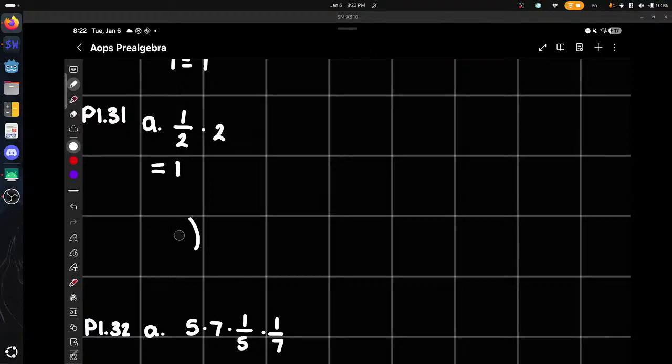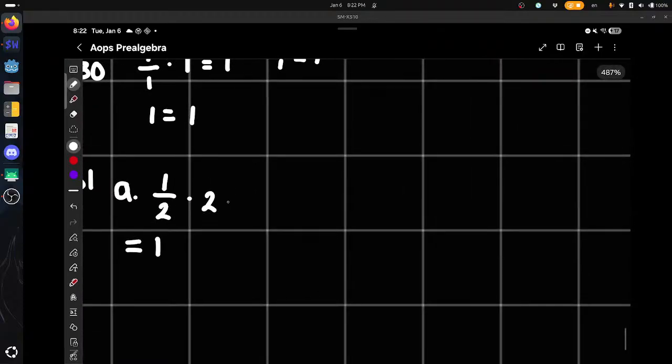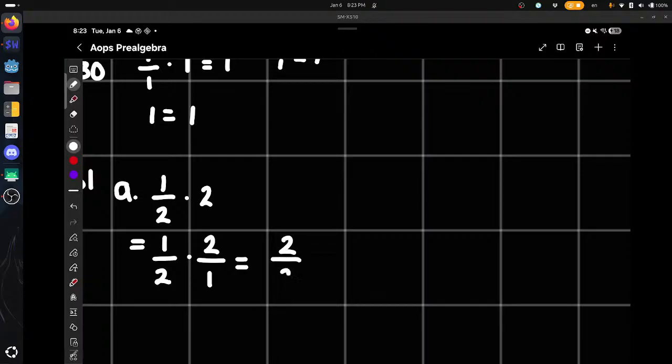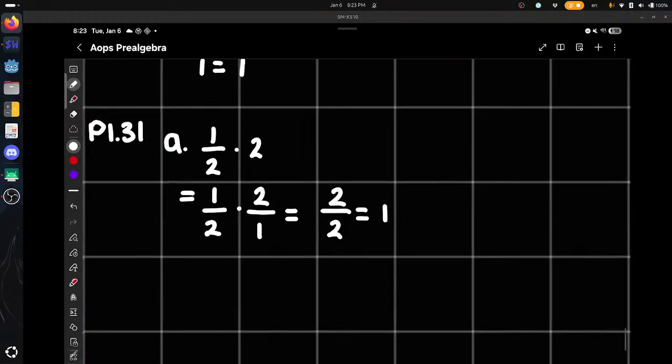Well, okay. Let's think about this. I'm gonna rewrite this. So problem A, we have 1/2 times 2. Well, that's really just 1/2 times 2 over 1. And then that's 2 over 2, which gives us 1. That's why we get 1. Yes, also with the property or the definition that they gave us, we get 1. But this is what it's really doing.